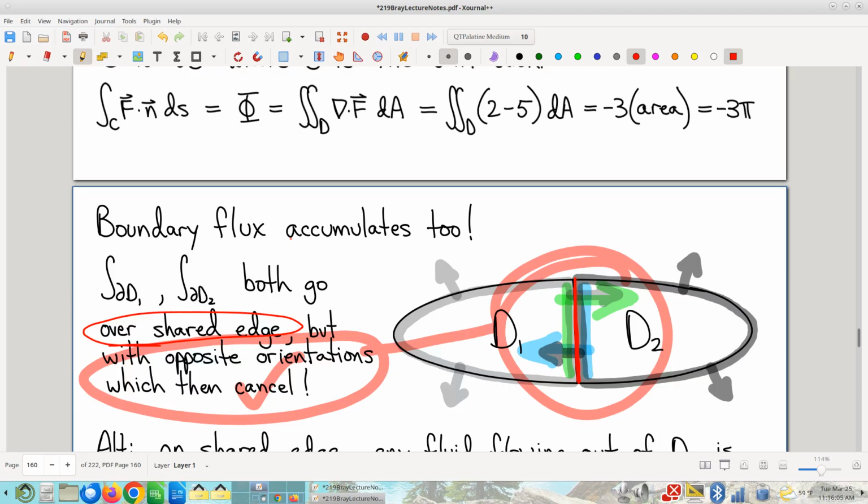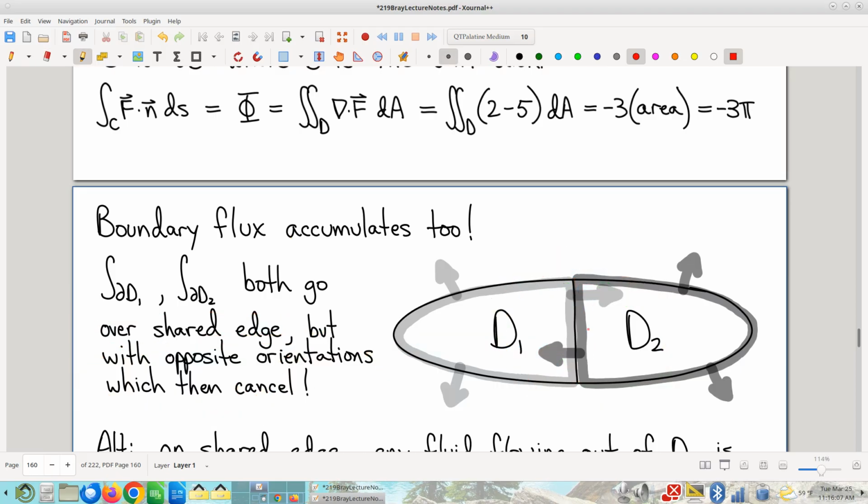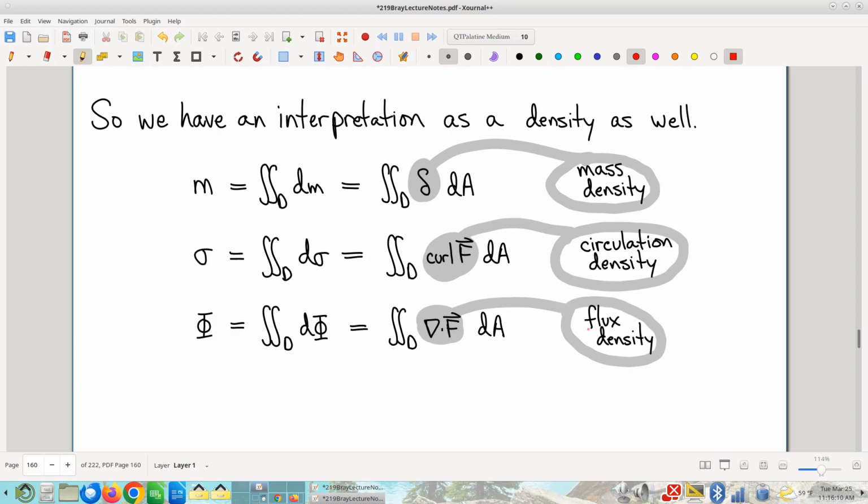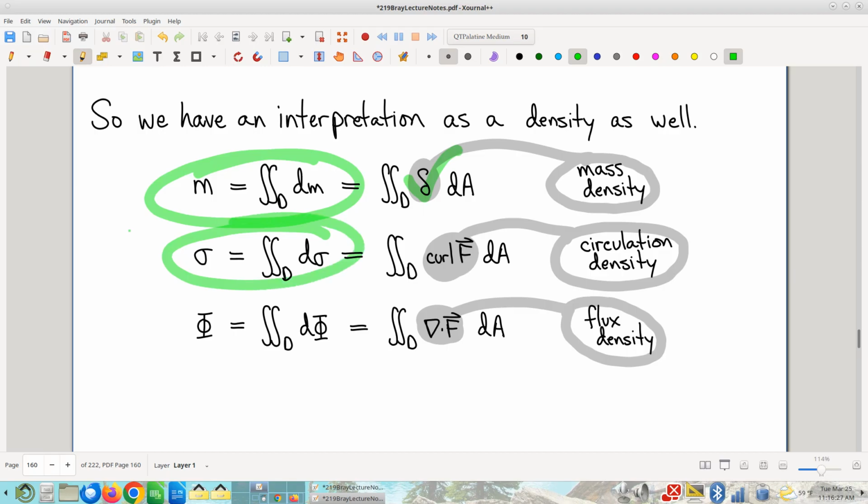All right. So here's what I think is a fabulous way to think about that theorem. It is its own separate accumulation theorem. In the same way that mass accumulates and mass is an integral of mass density, and in the same way that circulation accumulates and therefore is an integral of circulation density, likewise, outward-oriented boundary flux accumulates and is therefore an integral of flux density.